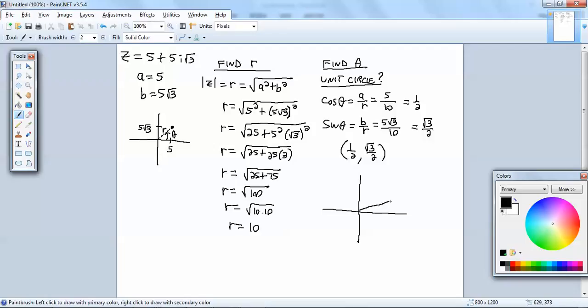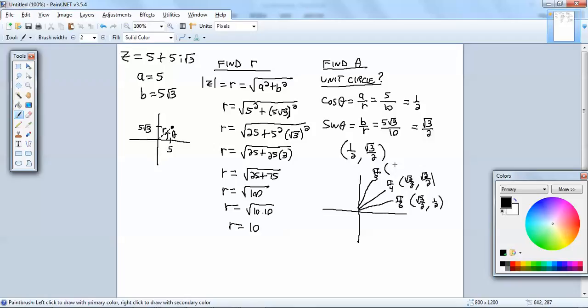Well, we got pi over 6 here. We got pi over 4. And you got pi over 3. And their corresponding degree measures. And this is square root of 3 over 2 and 1/2. This one is square root of 2 over 2 and square root of 2 over 2.